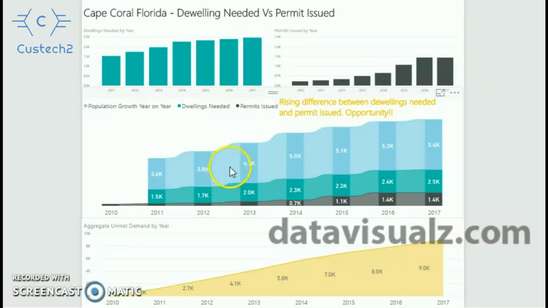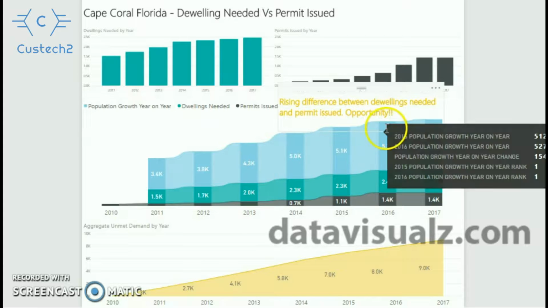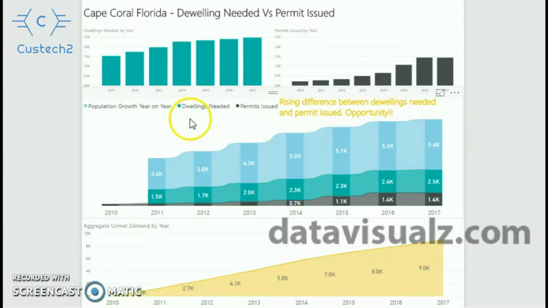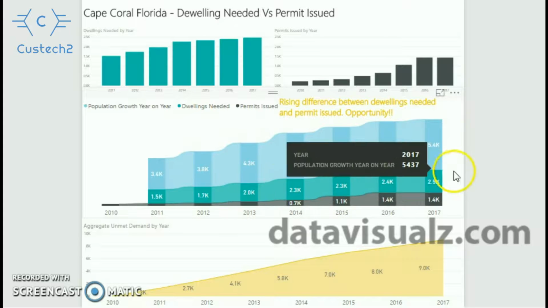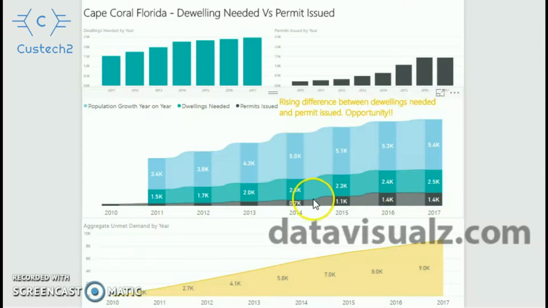And when we see this all in another graph, it shows population growth year on year, in light blue color. Population growth has been 3.4 thousand, 3.8 thousand, 4.3, so it's increasing. The dwellings needed are also increasing. You can see in 2017 it rises up to 2500, but the permits issued are also increasing, but at a relatively smaller pace.